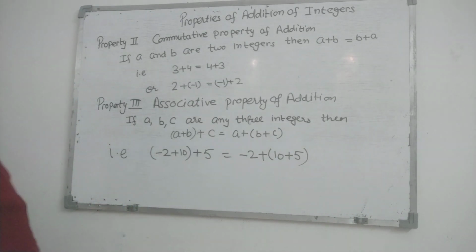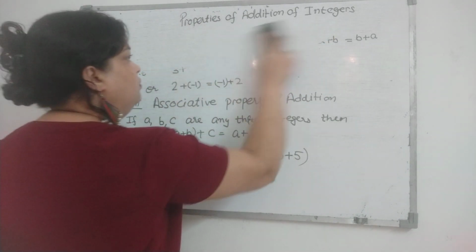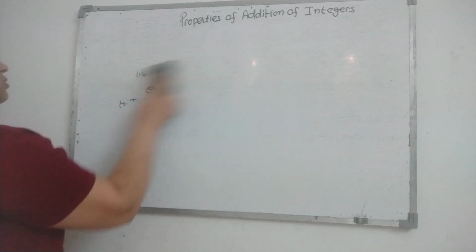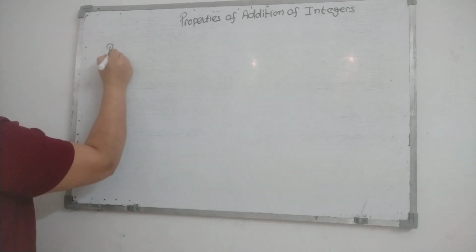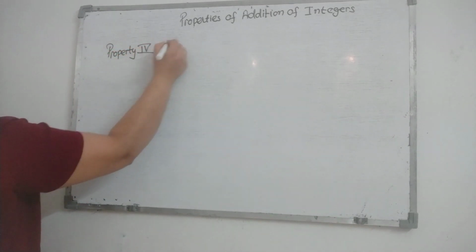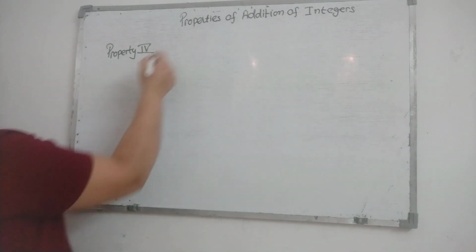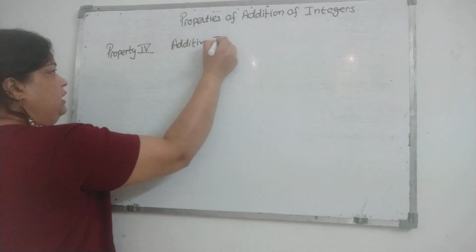Now we will do our property number 4. What is property 4? Additive identity.